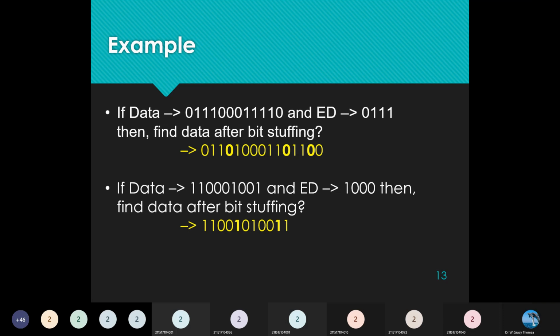Normally if it is a 111, then we have to insert 0 after the double one. Okay, if there is a 111 as an end delimiter, then we have to stuff a bit 0 after the double one. That is the concept, and that is what we have done here.